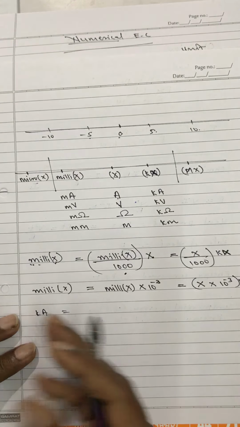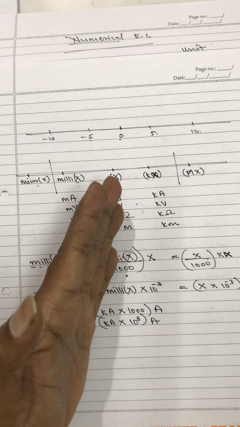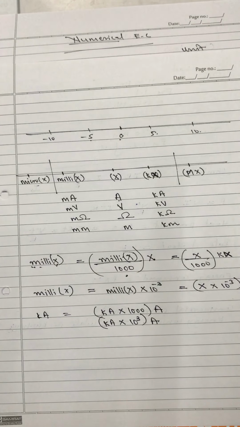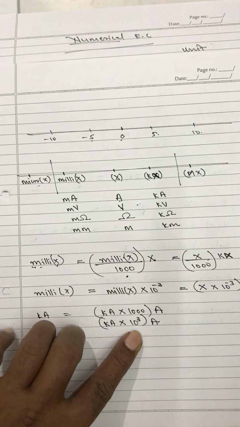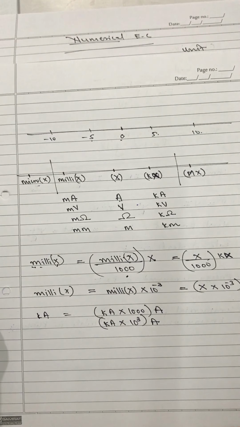That means kiloampere into 10 raised to the power of 3, you can say like this. If you go towards the smaller one, you have to multiply by 10 raised to the power of positive 3. And when you go towards the higher scale, then you have to multiply by the negative power. Okay, I hope you all are getting this.